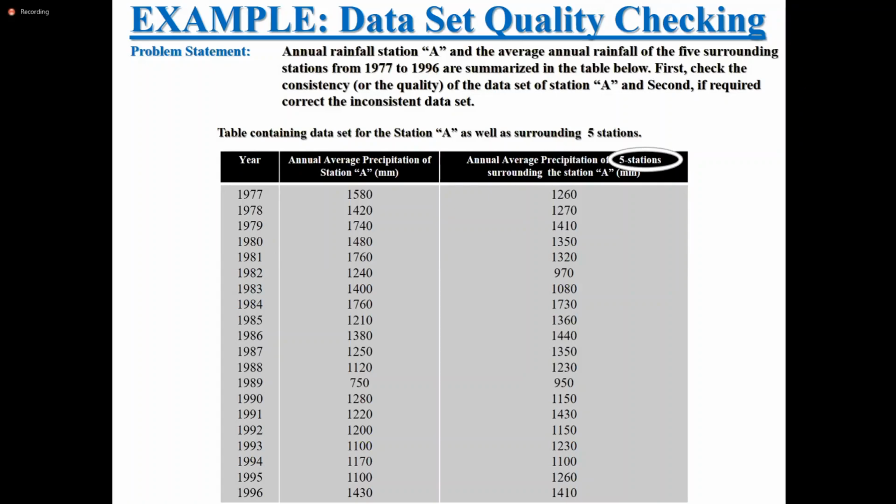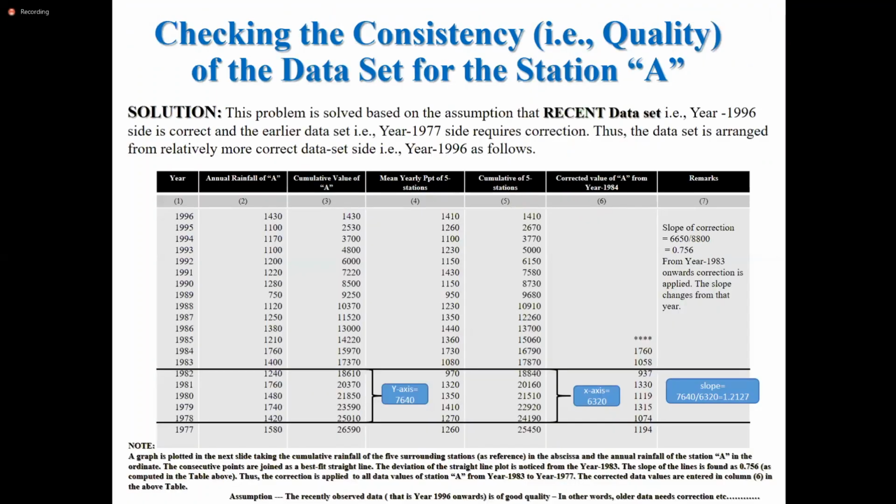So what we do then is reorient the data. Please note the reorientation done from 1996 to 1977. We rearrange the years, then we rearrange the data itself, and then we cumulate it.